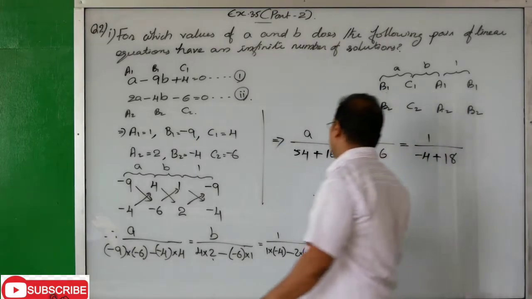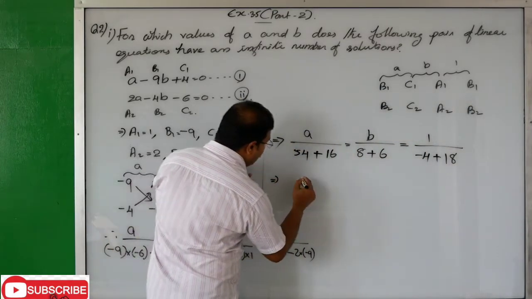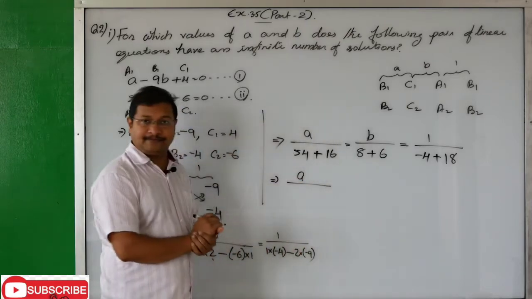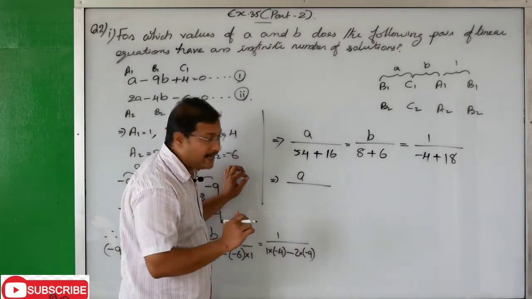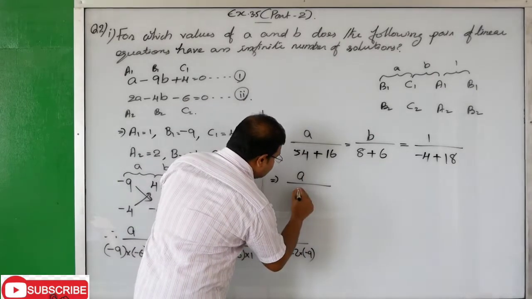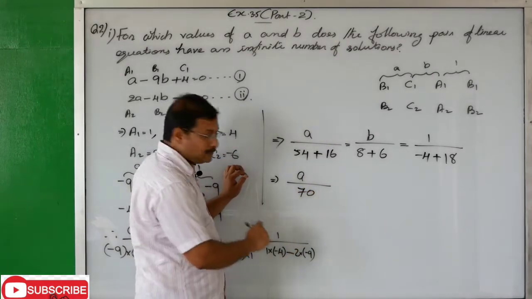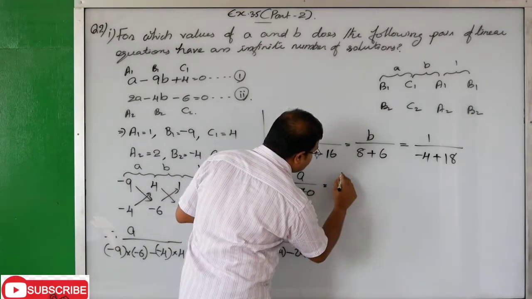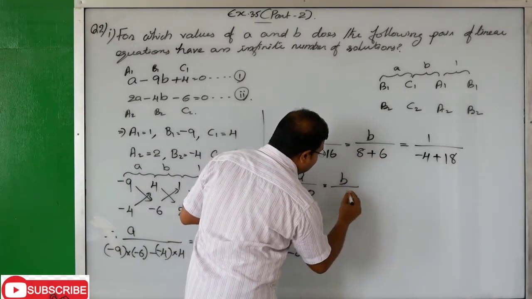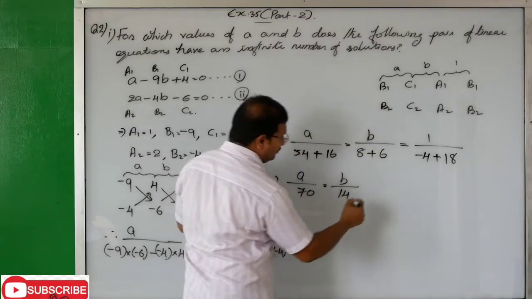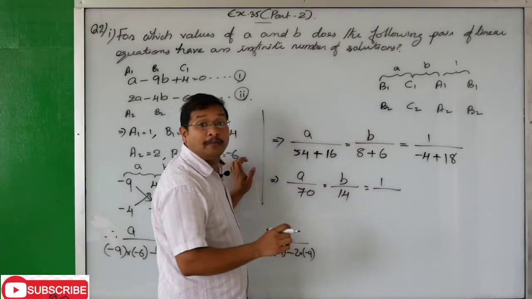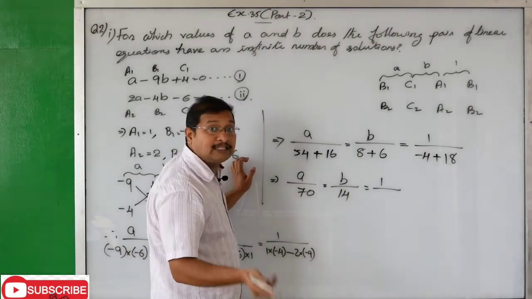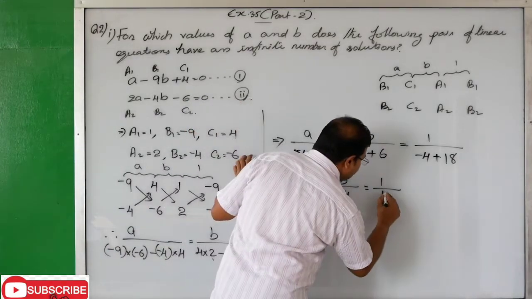Now this implies a divided by 54 plus 16. We will add it, isn't it? So what you will get? 70. This equals b by 8 plus 6, that is 14, equals 1 by minus 4 plus 18, that means 18 minus 4, 14. Now what you will do?